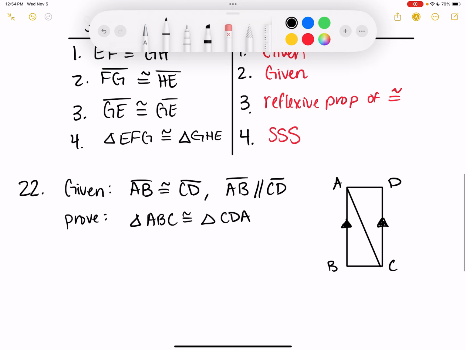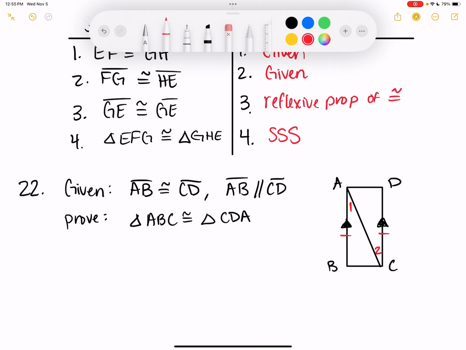So just as a reminder, when they put the arrows on the lines like this, it's symbolizing that they're parallel. Obviously, they told it to us in the given as well, but if they didn't, we would know that from the picture. All right, so all of that information that's on there is classified as given information.